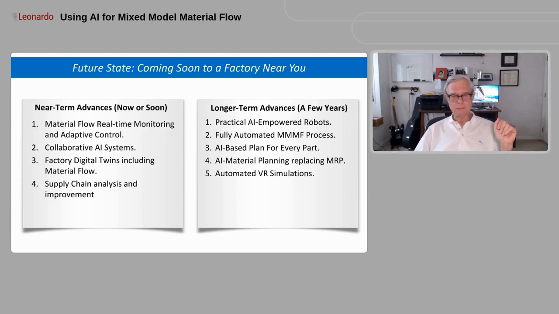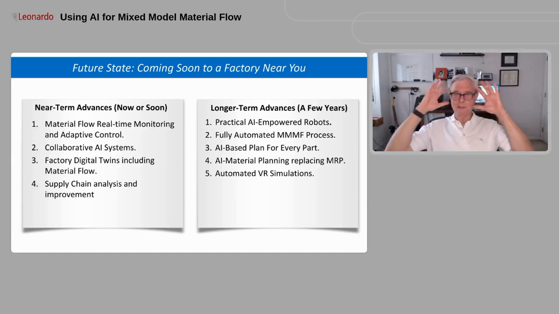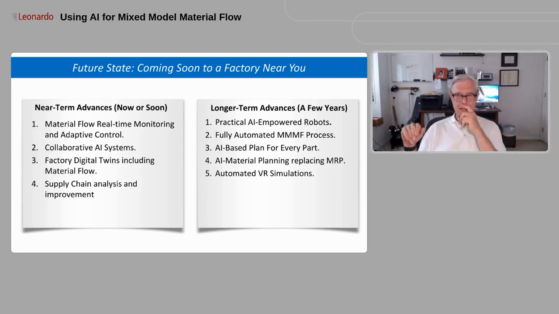And then the last thing, which again people are working on, is virtual reality. All the big tech companies have come out with their helmets or their glasses, but I would envision in the next few years being able to use AI to generate virtual reality simulations of some of these things we're talking about. So you could literally put on a headset and actually visualize some of these, like material delivery routes, for example.